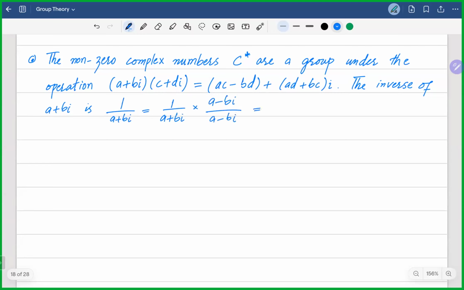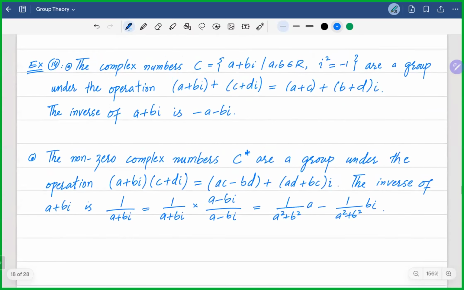And when you factorize this, you will get 1 over a square plus b square into a minus 1 over a square plus b square into b iota. So this is the inverse. Okay, perfect. So complex numbers are groups under complex addition, but the non-zero complex numbers are a group under complex multiplication. Perfect.